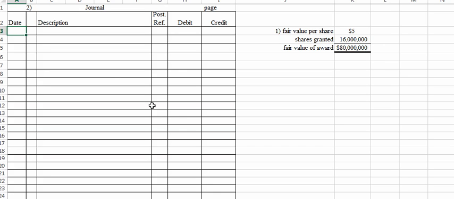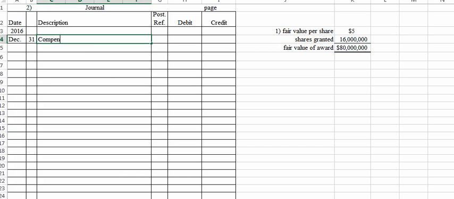So first, we're going to make an entry in 2016 on December 31. So 1 year in, they've now earned half of it. Now, they're not entitled to it yet, but we're going to go ahead and recognize half of the expense at the end of year one, in this case 2016.